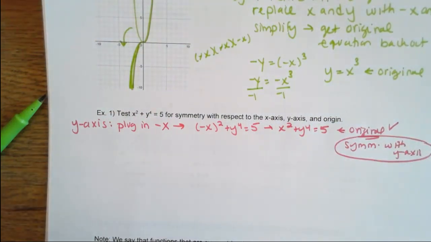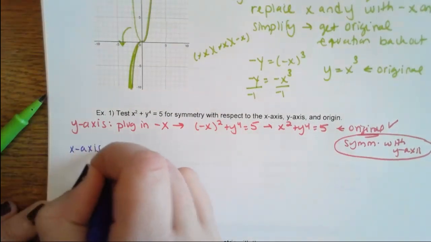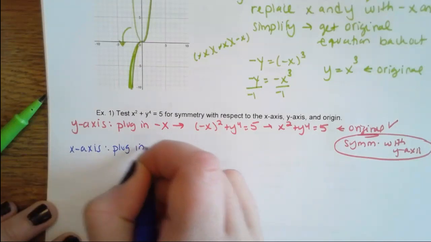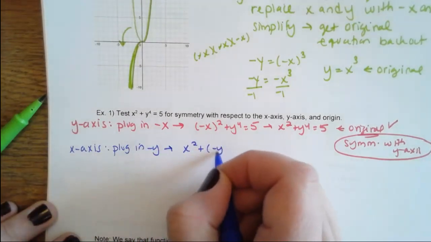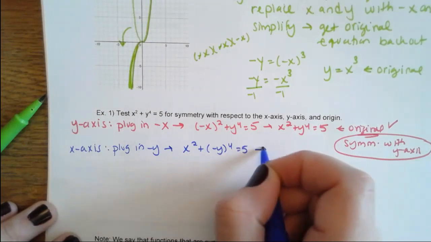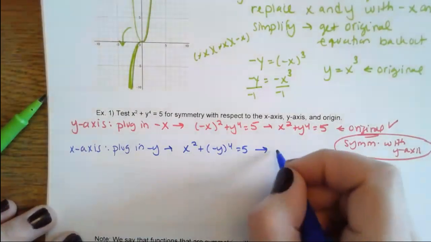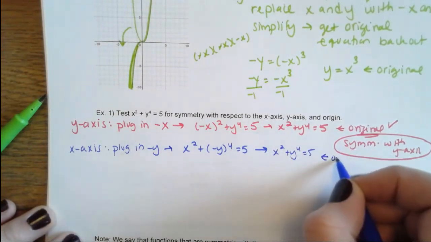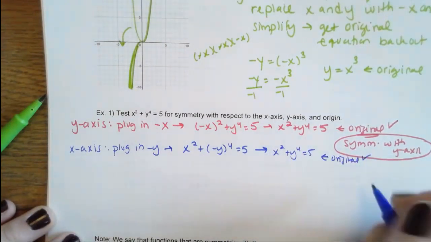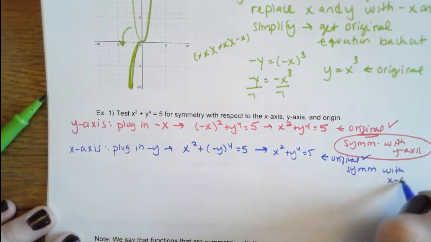The next one we tested for was the x-axis. To test for x-axis symmetry, we plug in negative y. Now, when you have a negative to the 4th power, they're all going to cancel out. So you do get back the original equation here. So we have symmetry with the x-axis as well.